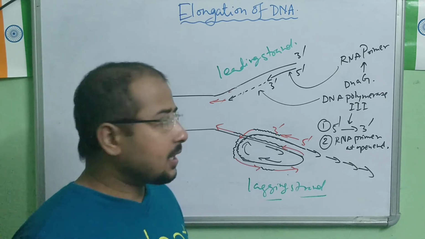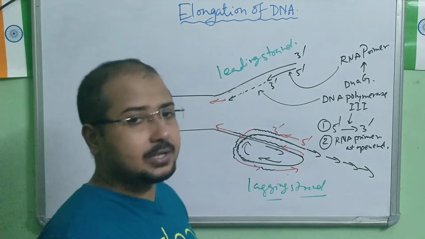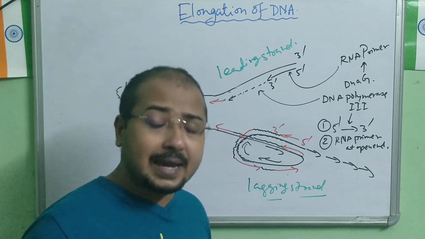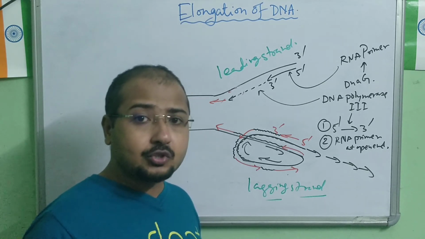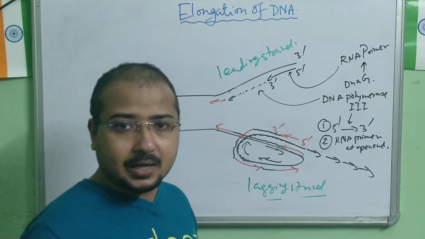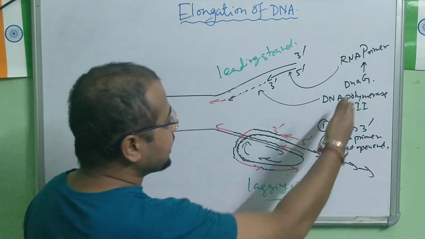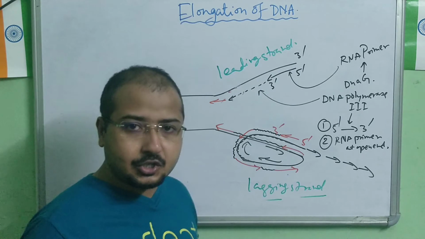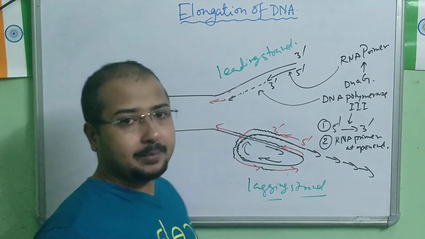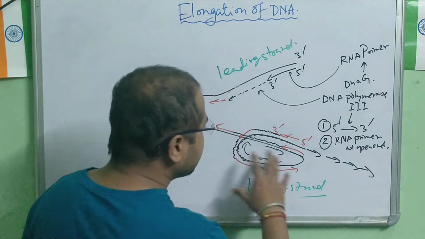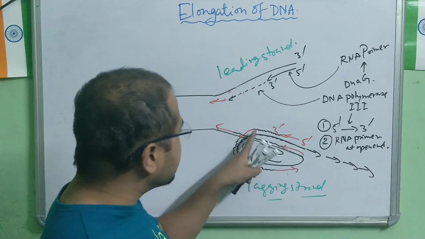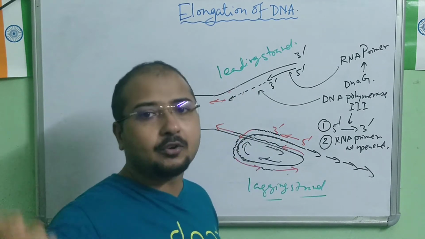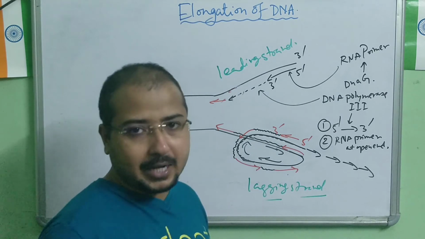RNA was there in the beginning because it is very reactive in nature and helps the deoxyribonucleotide molecules come and bind. DNA polymerase 3 is doing this polymerization. So when this strand forms, the RNA primers need to be cleaved, removed. That's called cleaving of the RNA primer.